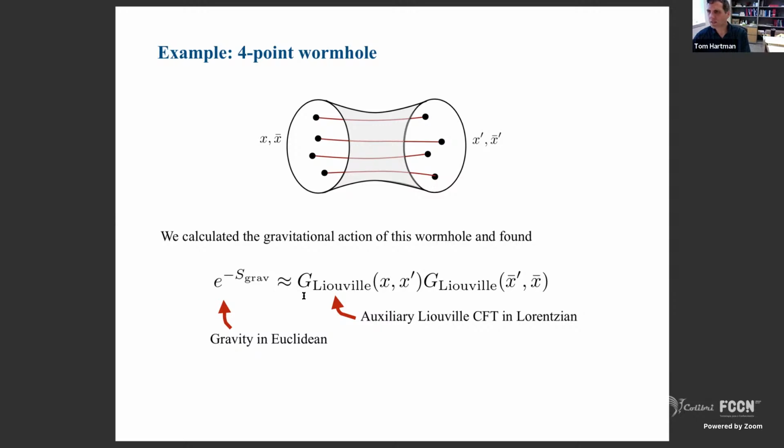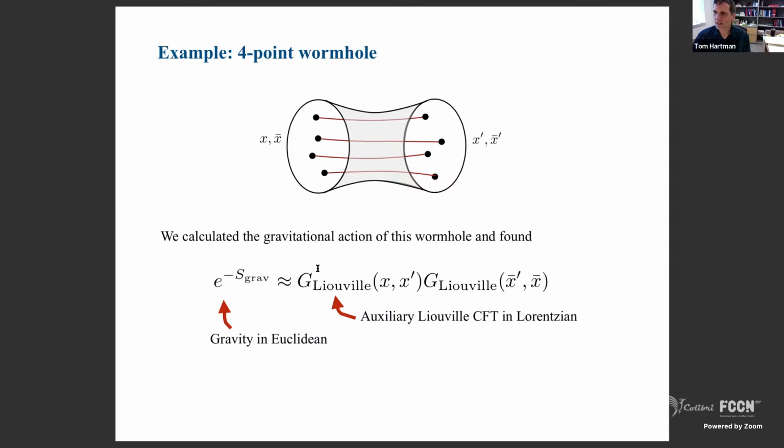This approximately means that this is true in the limit of large central charge and the semi-classical limit. Okay, so this on-shell action is a product of 2 Liouville CFT correlation functions. Each of these is a Liouville 4-point function.